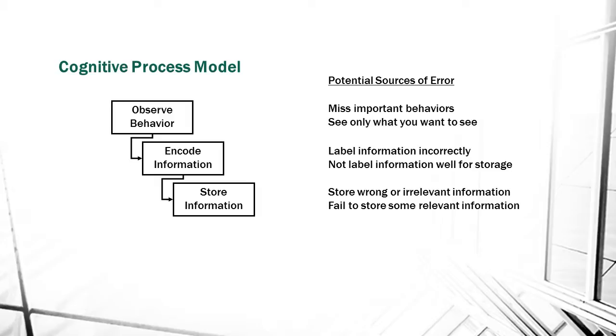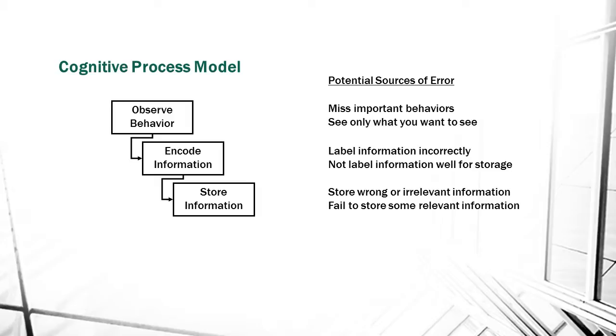We might fail to remember some information that's relevant, like the context of a situation. We might remember an employee reacting very negatively to a customer and forget to remember that there weren't any customers present, which might be really important context.